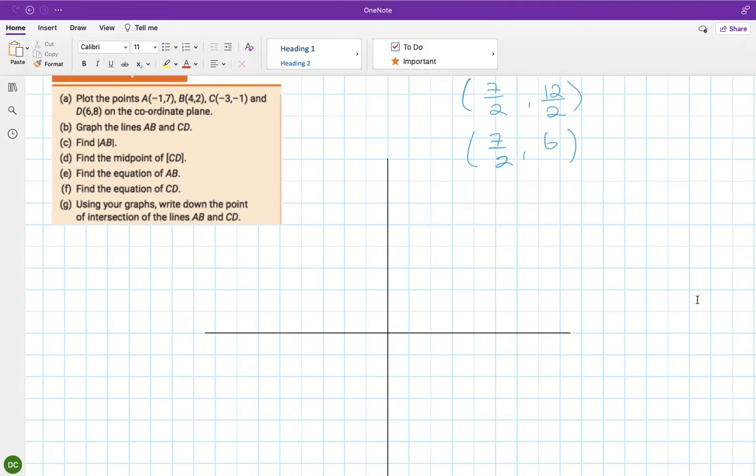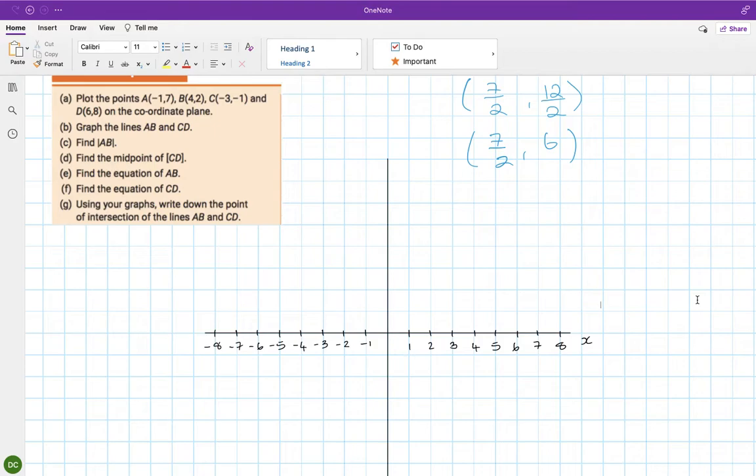Okay, so I'm going to add in my little markings on my number lines, starting with my x-axis and the positive side of it. So 1, 2, 3, 4, 5, 6, 7, and 8. And then my negative side of the x-axis, -1, -2, -3, -4, -5, -6, -7, -8.